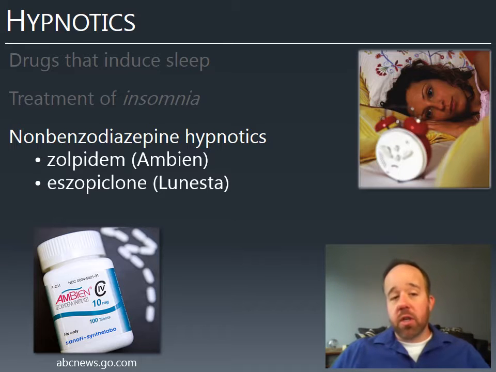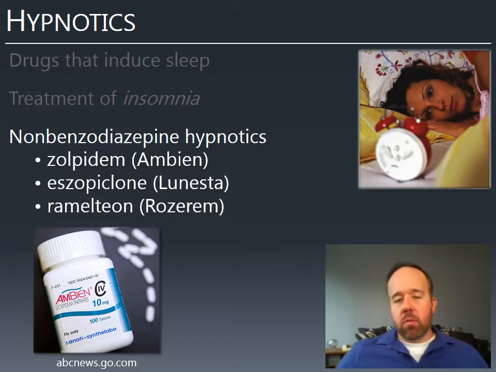So you can see commercials on TV for these substances. And they help you go to sleep, but they're not technically benzodiazepines. They're also at lower risk for abuse and overdose and dependence. Benzodiazepines have a moderate risk of these things. These things, Ambien, Lunesta, are much more rare in terms of the cases of abuse and dependence.